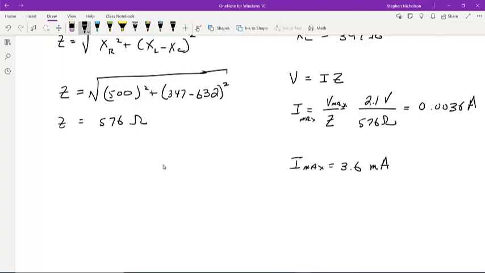Then we can calculate the phase angle. It's the inverse tangent of 347 minus 632, divided by 500. So it's the difference in the reactance of the inductor and the capacitor. This can be either plus or minus because the inverse tangent function goes from negative 90 degrees to positive 90 degrees.